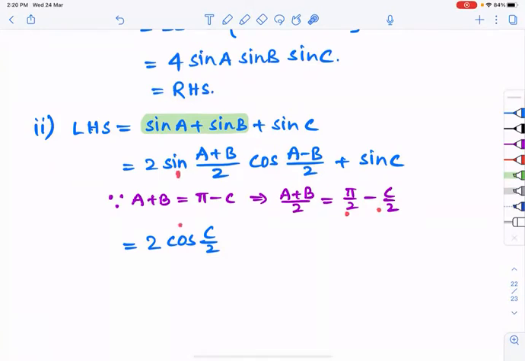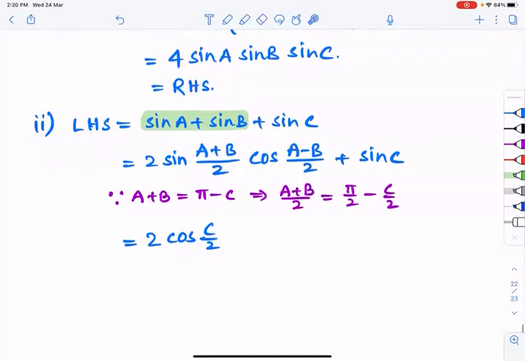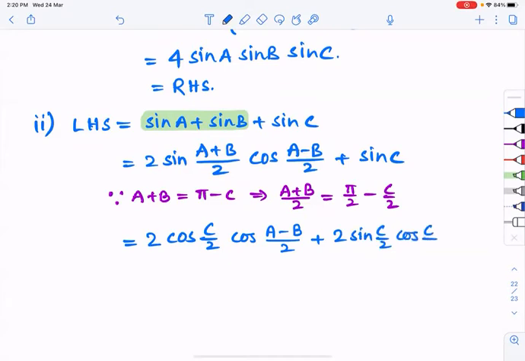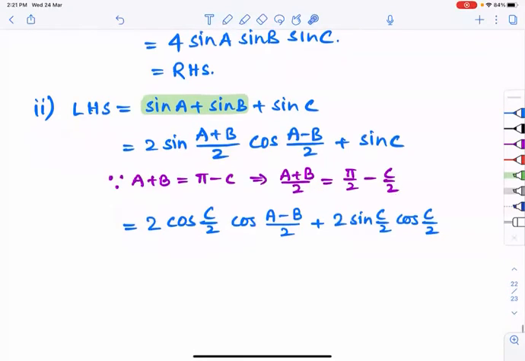Sine became cos and it is positive. Next term is cos((A minus B)/2), and the other term is sin C, that can be written as 2 sin(C/2) cos(C/2). So we are using the multiple angle or submultiple angle formula here for the last term.